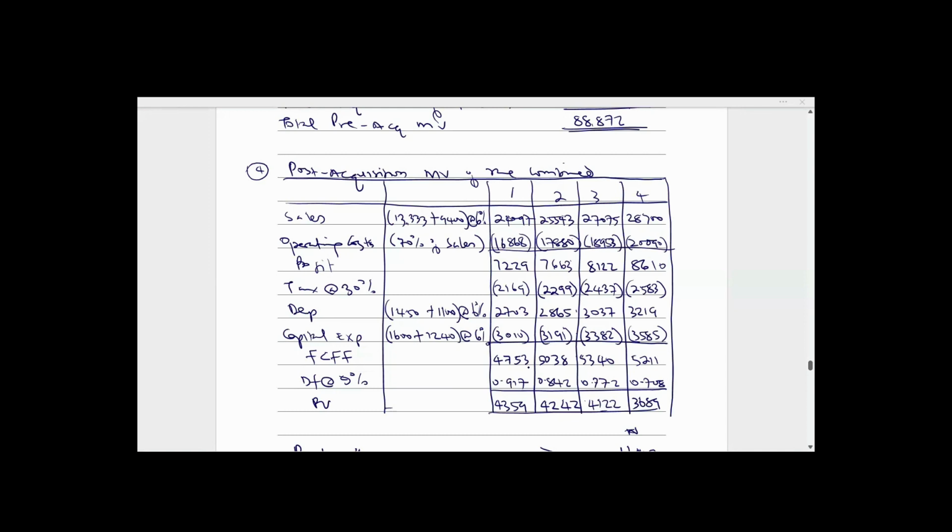Let me quickly check that again. 8610 minus 2583 plus 3219 minus 3585, this profit mistake, equal 5661. This is supposed to be 5661, not 5211. That's where the mistake is coming from. So multiply by 0.708 equal 4008. It's supposed to be 4008.